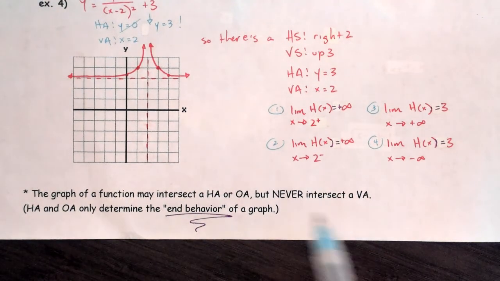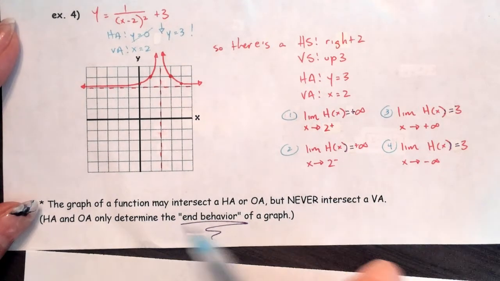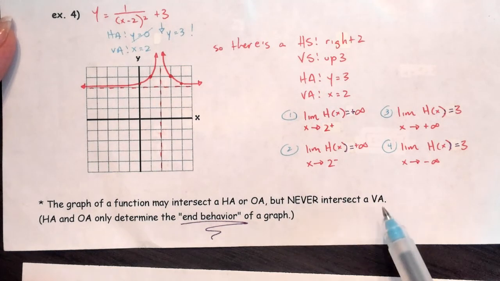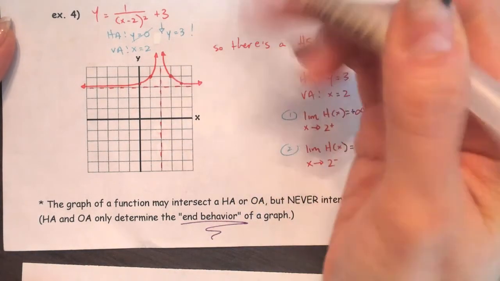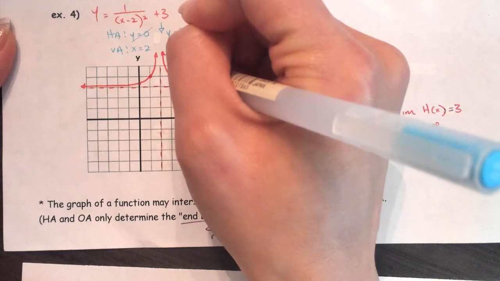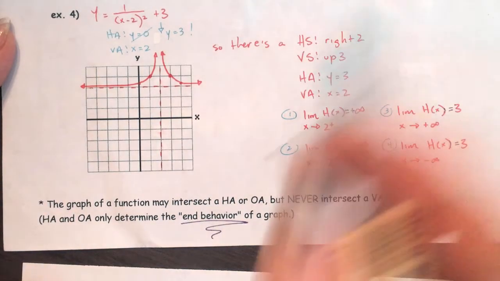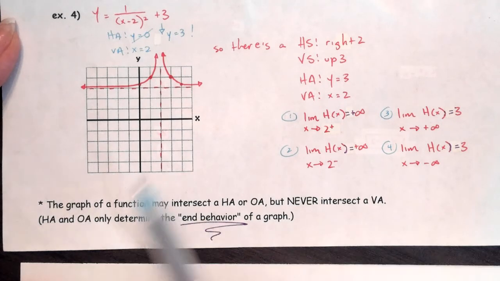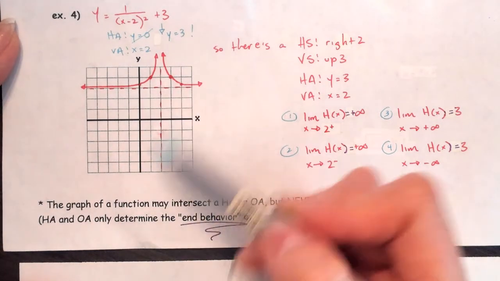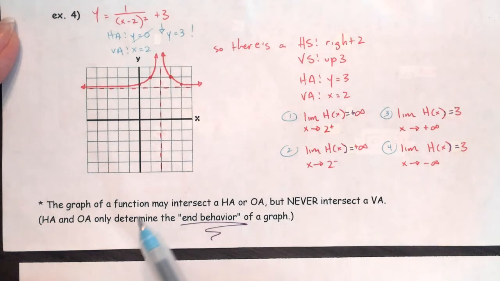The last thing I want to mention, and I already mentioned it in class, is you can never, ever cross a vertical asymptote. You're going to stay to the left of that vertical asymptote and to the right of it. But horizontal and obliques, if it had any obliques that go diagonally, they only help you with end behavior.